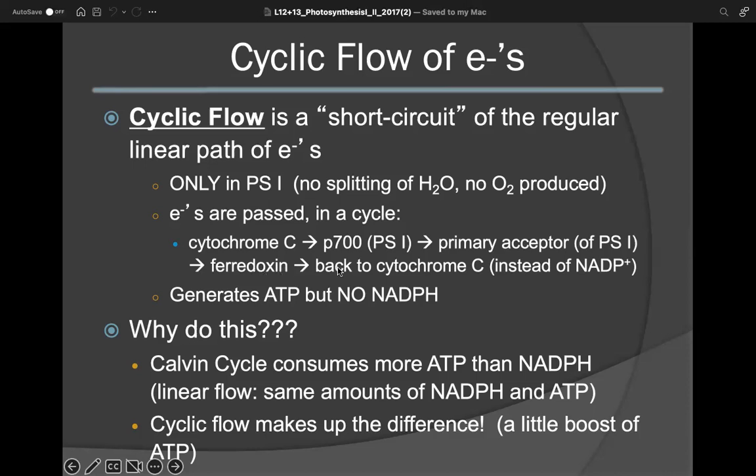In cyclic flow, the electron goes back to cytochrome C, and in linear flow, it goes into the NADPH reductase. Cyclic flow generates ATP, linear flow generates NADPH. So kind of a good question, right? Differentiating between the two might be a good thing to know.